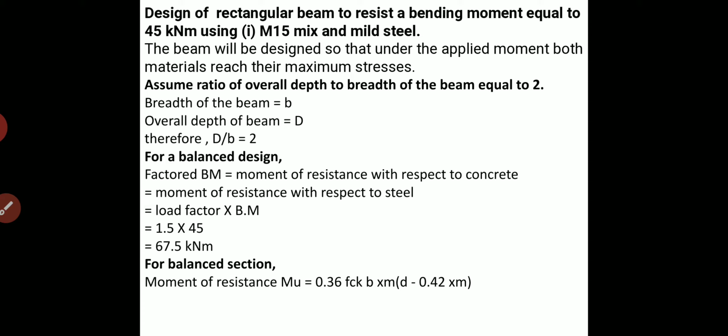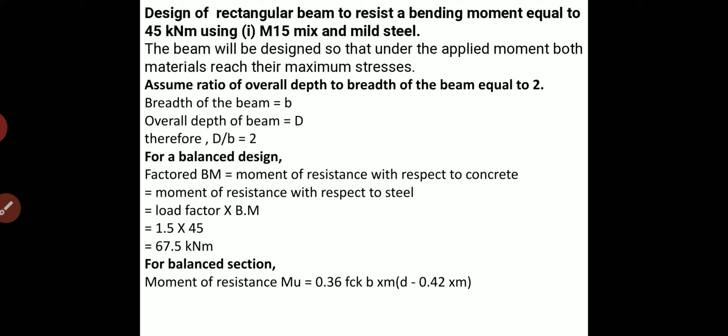The beam will be designed so that under the applied moment both materials reach their maximum stresses. Assume the ratio of overall depth to breadth of the beam equal to 2. Here the ratio of overall depth and width of beam equals 2.